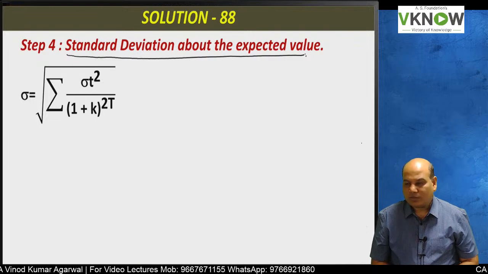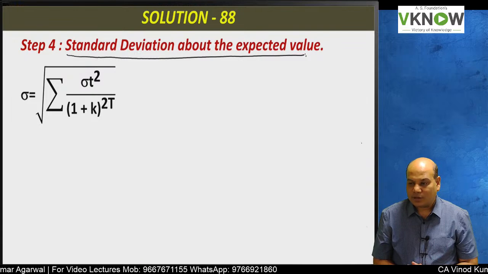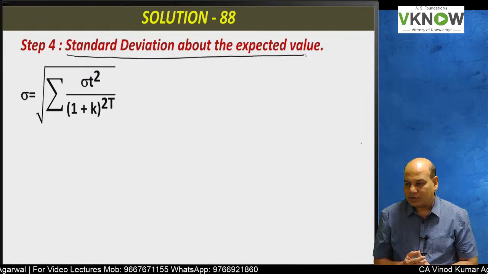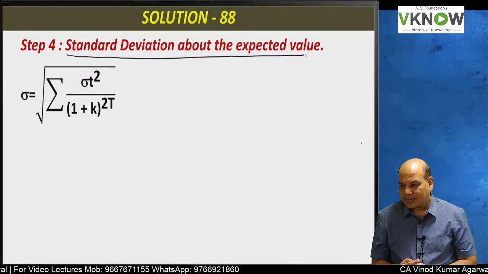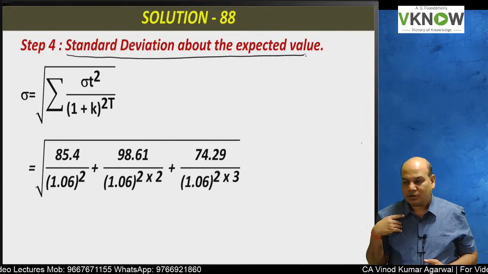This is the formula given by Helier. It requires some mathematical process to derive the formula, not in the scope of our syllabus. Now please learn how to put the values, that is in our scope.